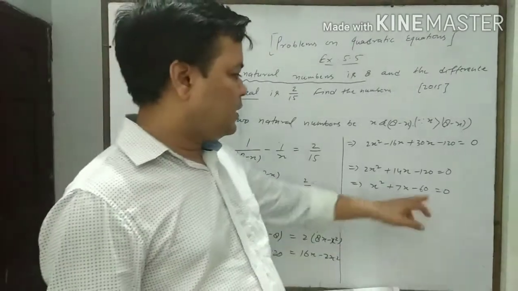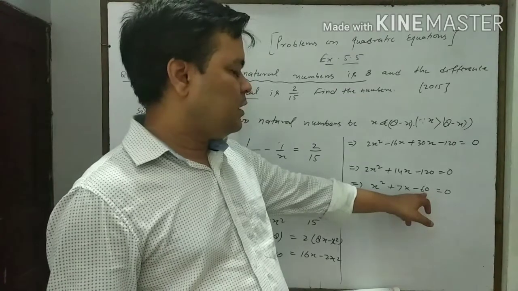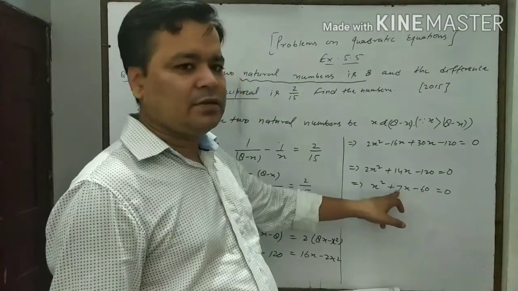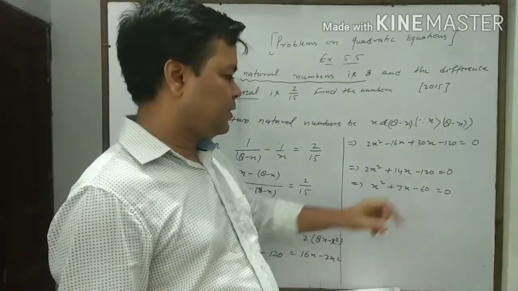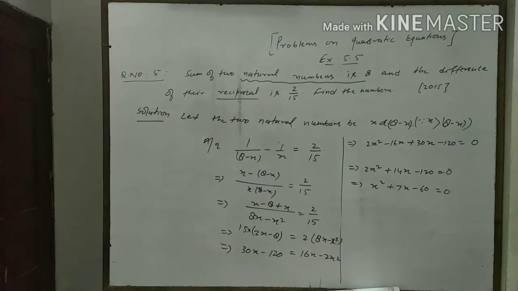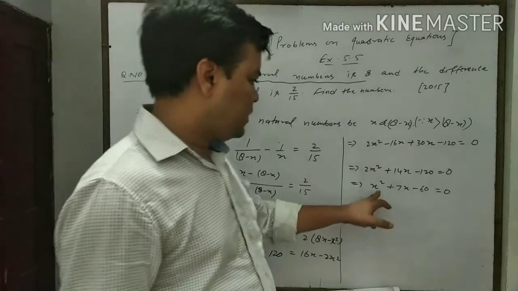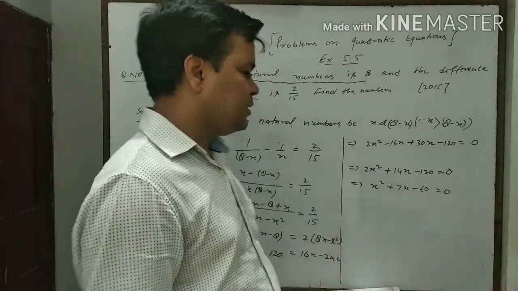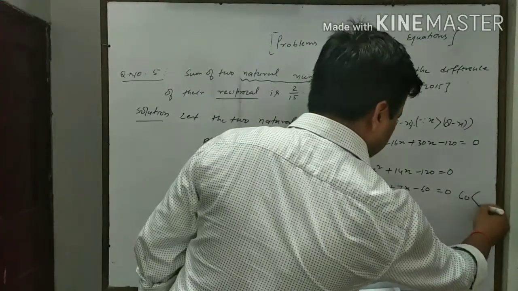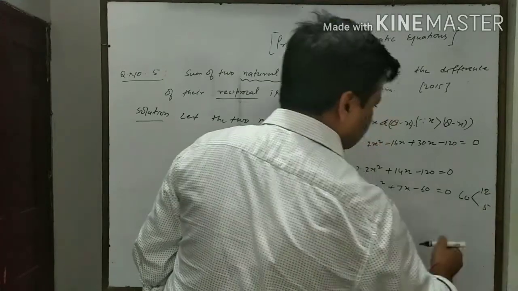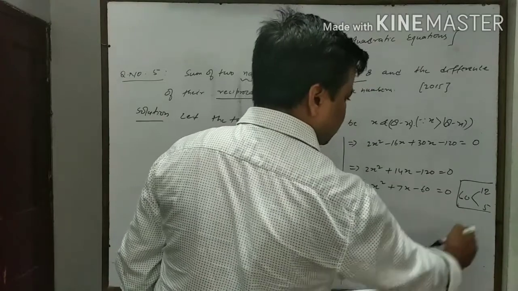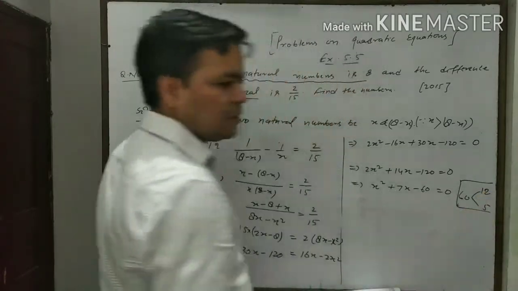Now here 60 is given. Break the 60 into two parts such that their difference is 7. So, like this way, x square plus 7x minus 60. 60 can be 12 into 5. 12 multiplied by 5 is equal to 60, and the difference of 12 and 5 is 7.